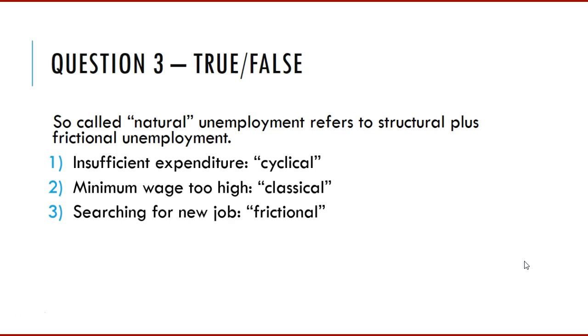Then there's frictional unemployment, because there is not perfect information about all of the jobs that are available to all of the people who are searching for a new job. Then there is friction in leaving one job and finding another.